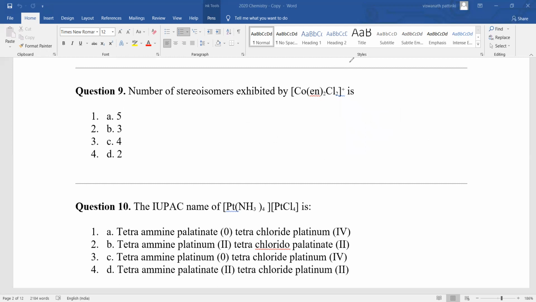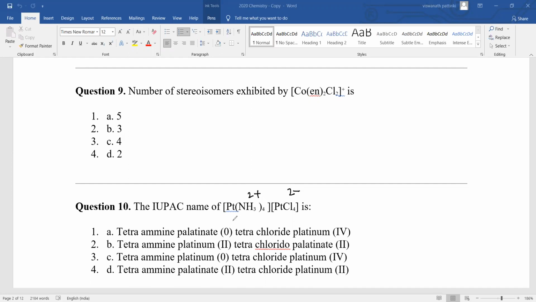Okay. And what is the IUPAC name of this, [Pt(NH3)4][PtCl4]? Whenever you are naming an IUPAC compound, the positive part has to come first and then the negative part. Okay. So what is the coordination number here? The charge on the coordination sphere is +2 and here it is -2.